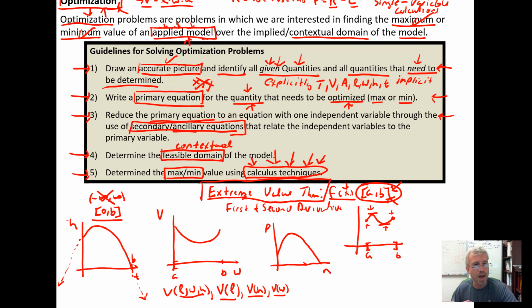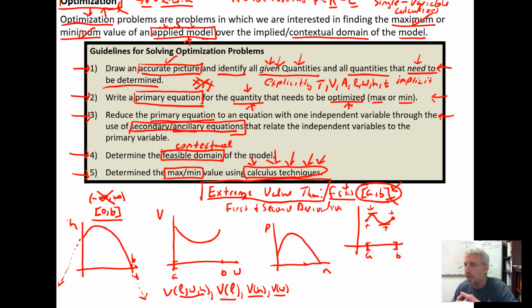That's what the extreme value theorem guarantees for us. We're going to use things like the first and second derivative test, right? Concavity to determine whether the graph is concave up or concave down, which tells us whether we have a max or min. We'll use our knowledge of the geometry of functions to justify whether we have max or min.